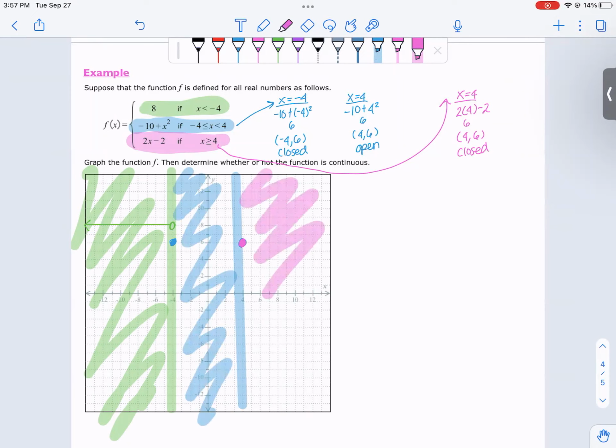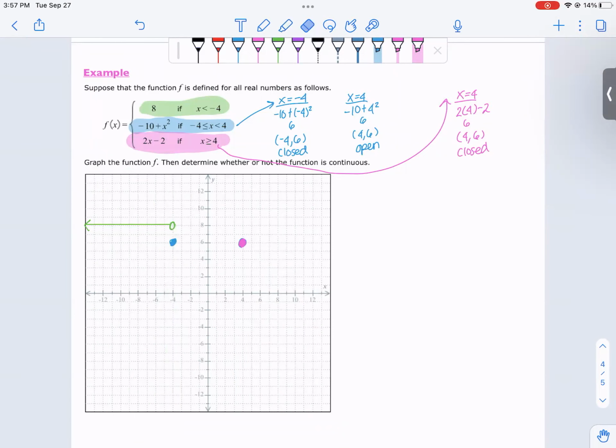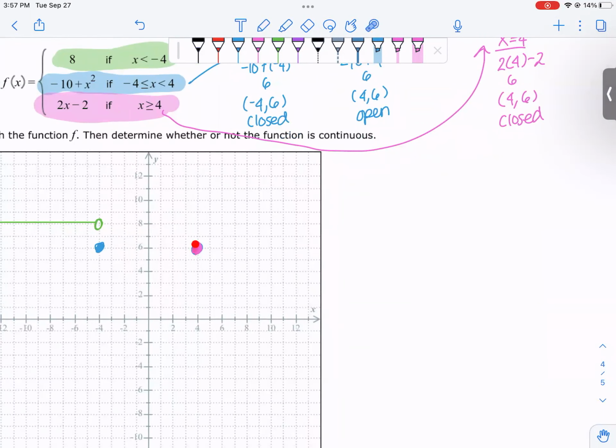Over here, this should just be pink graph. The line is 2x minus 2, so it has a slope of 2. I can start right here, up 2 over 1 point, up 2 over 1 point, up 2 over 1 point. And it just goes on forever.